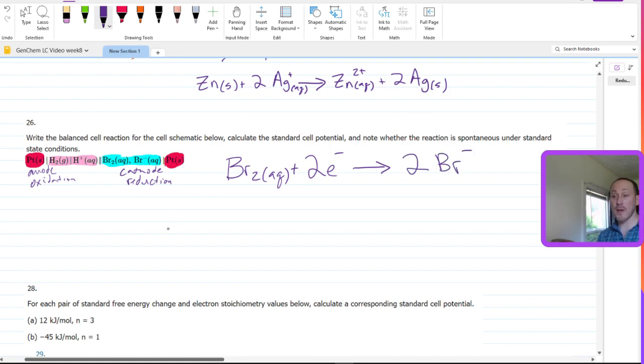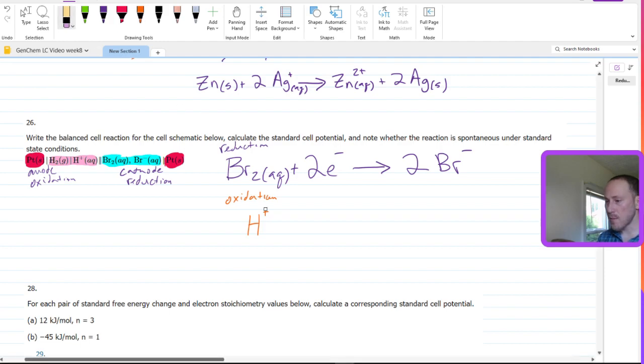Again, we're not worried about the stoichiometry in the cell diagram, but we are going to use it if we have the Nernst equation. So that's the reduction. The oxidation is that we have protons.